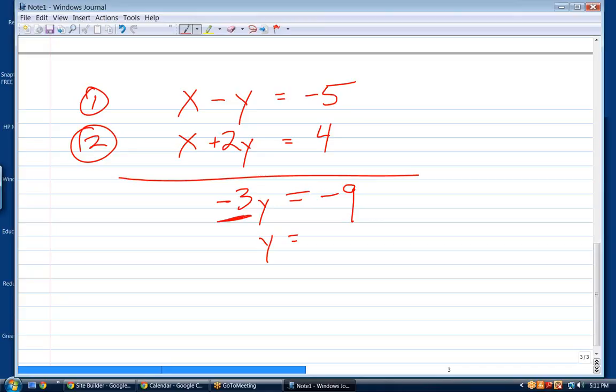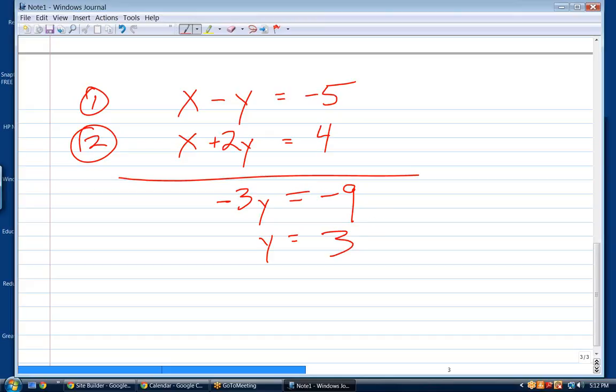Oh, yeah. What's minus 9 divided by minus 3? 2. 9 divided by 3 is 3, and the minus divided by minus is a plus.